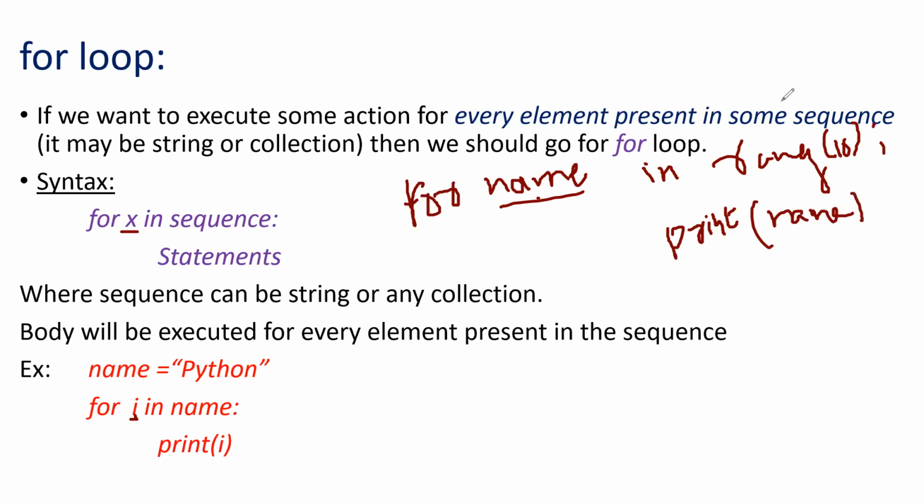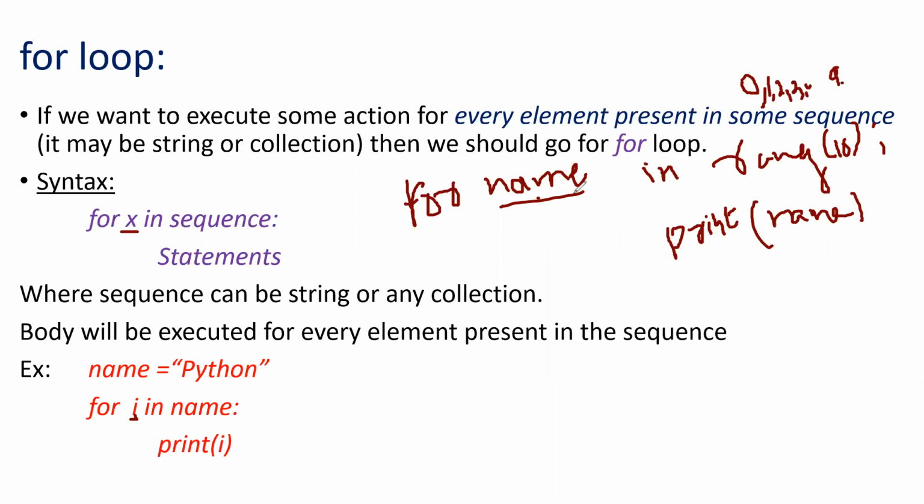What is the range of 10? It starts from 0 because start is not given. End is given, 9. Step is not given, so 1. The values are 0, 1, 2, 3, 4, 5, 6 up to 9.